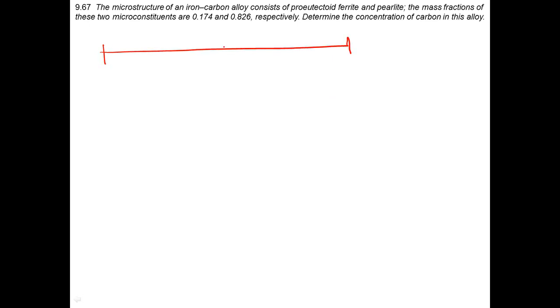So we're working with that tie line just above the eutectoid temperature. In that two-phase region, then, there's austenite and ferrite bounded 0.76 on the right end of the tie line, 0.022 on the left side, and we're asked to calculate this system composition that's present.